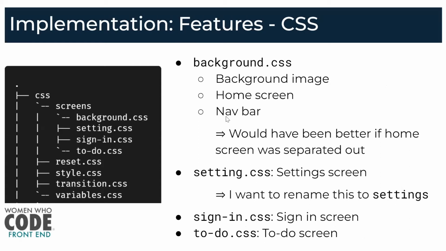But now that I think about it again, I think it would have been better if home screen was separated out. And settings.css has the CSS for the settings screen, but I think I want to rename this to settings plural because there's more than one setting. And sign-in has sign-in screen styles, and todo.css has todo screen styles.